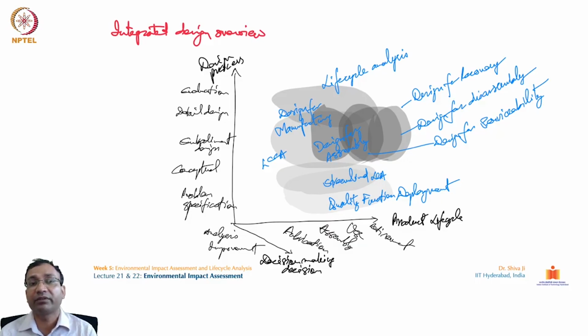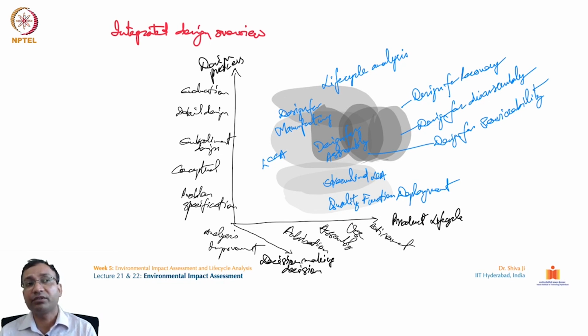There are several types of assessment methods and analysis systems given over here in XYZ dimensions. On the X dimension, it talks about the product life cycle. On that front, it has the scales of fabrication, assembly, uses, and the end of life, that is the retirement or disposal period.